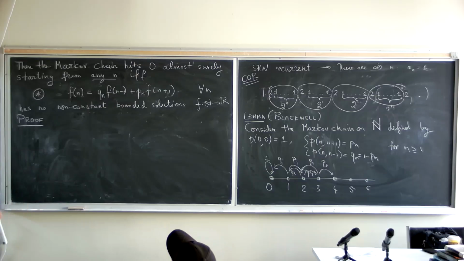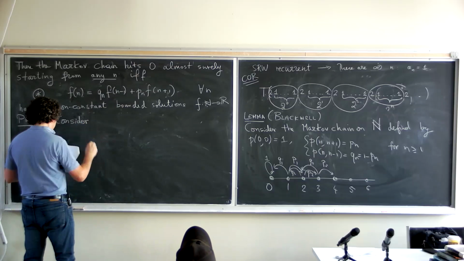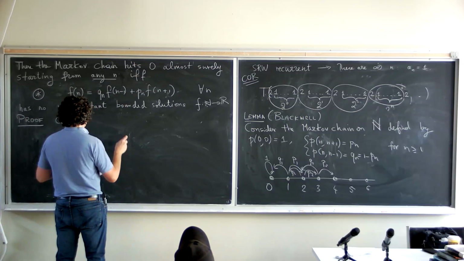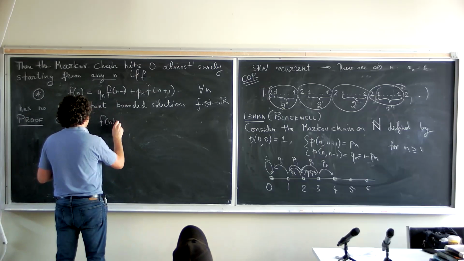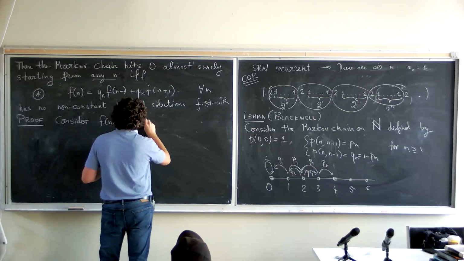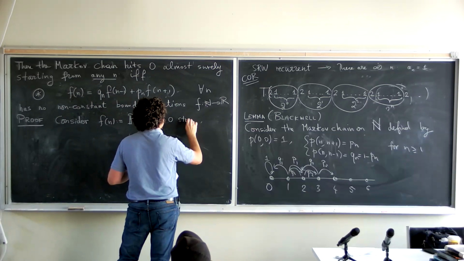That's exactly right. This is the most important point. So you consider the following function, f of n, which is the probability of hitting 0 starting from n.